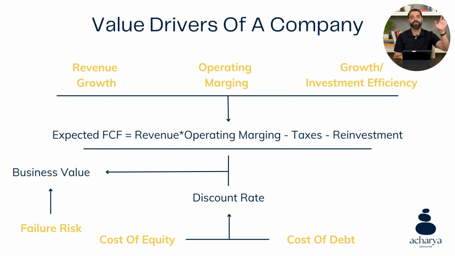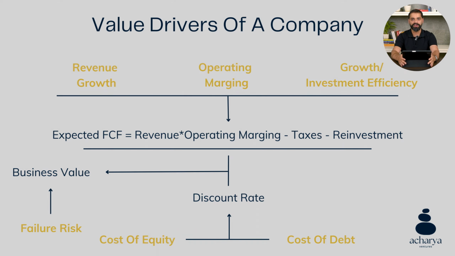So first is your free cash flow that you come up with from revenue growth, operating margin, and growth or efficiency of your reinvestments. That gives you the free cash flow. Once you have the free cash flow, then you discount that on the basis of cost of equity, cost of debt, and you also take into account the risks that your business operates in.